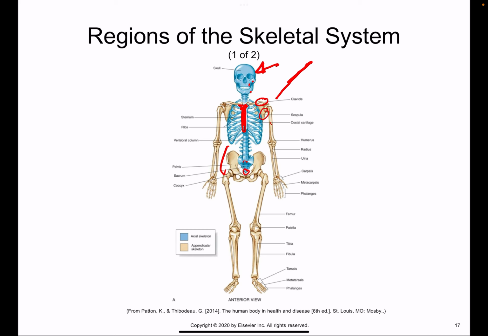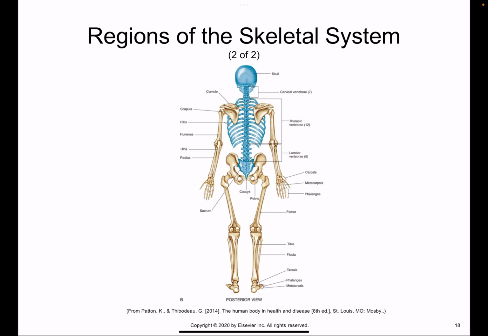Now, here, we should know axial skeleton: skull, sternum, ribs, sacrum, coccyx, very easy. Appendicular skeleton, everything else: clavicle, scapula, humerus, radius, ulna, carpals, metacarpals, phalanges, femur, patella, tibia, fibula, tarsals, metatarsals, phalanges, and then, of course, pelvis.